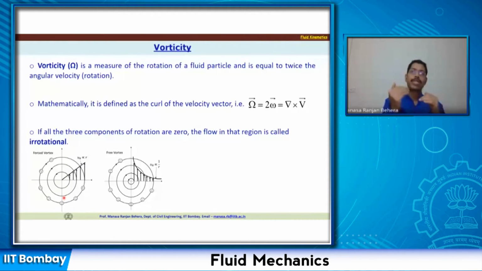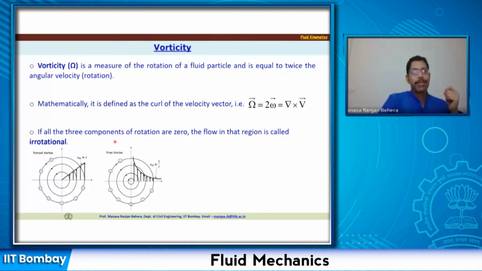So if we find that omega x, omega y, omega z are not 0, or some of them are not 0, then we can tell that it is a rotational flow. That rotational flow can be observed in case of forced vortex, where the velocity at the center is 0, and as you go in the radial direction, the velocity is directly proportional to the radial distance.